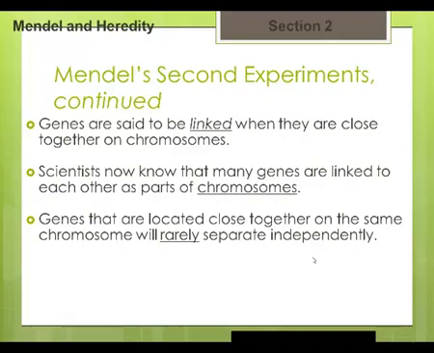Mendel didn't know this, but later on we found out that genes are linked to each other on parts of chromosomes. So one gene might line up right next to another gene on the same chromosome. And genes that are located close together on the same chromosome will rarely separate independently. When separation occurs, they usually go together because they're so close to one another.